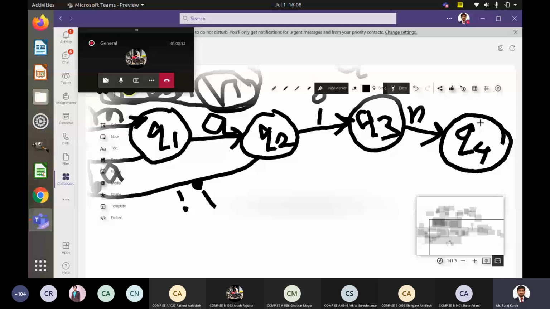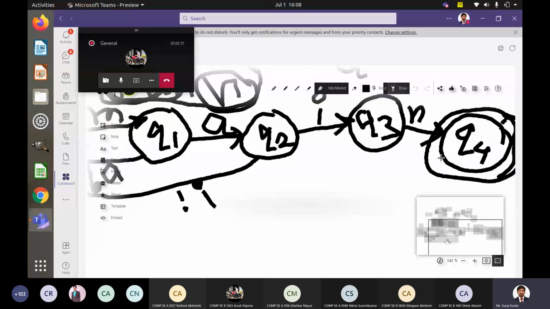We have recognized the string main as our motto is satisfied. With the acceptance or recognition of string, the finite automaton will be in the final state. So just mark it with a double circle. This is how the final state is recognized. But on Q3, if any other input is there other than n, then again it goes back to the Q0 state. So let me draw it here.